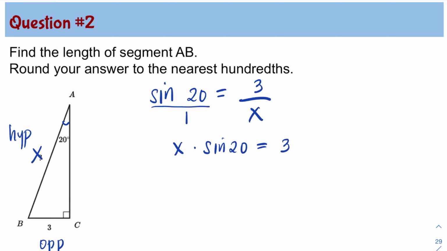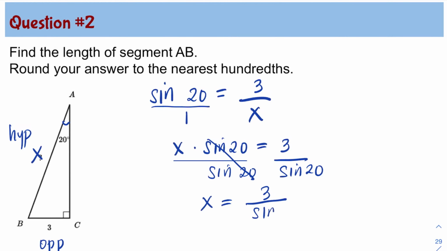So now to solve for x, we can divide both sides by sine 20. That way we can isolate the variable x. So this will cancel out. You now have x is equal to 3 divided by sine 20.